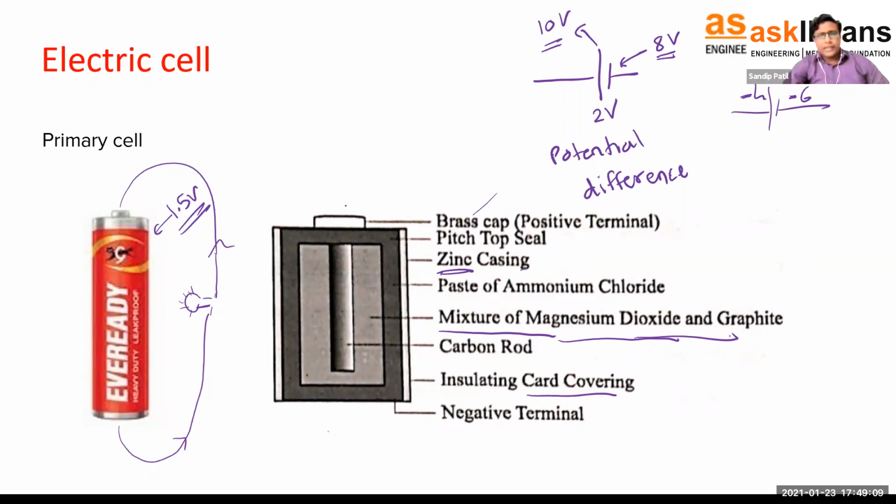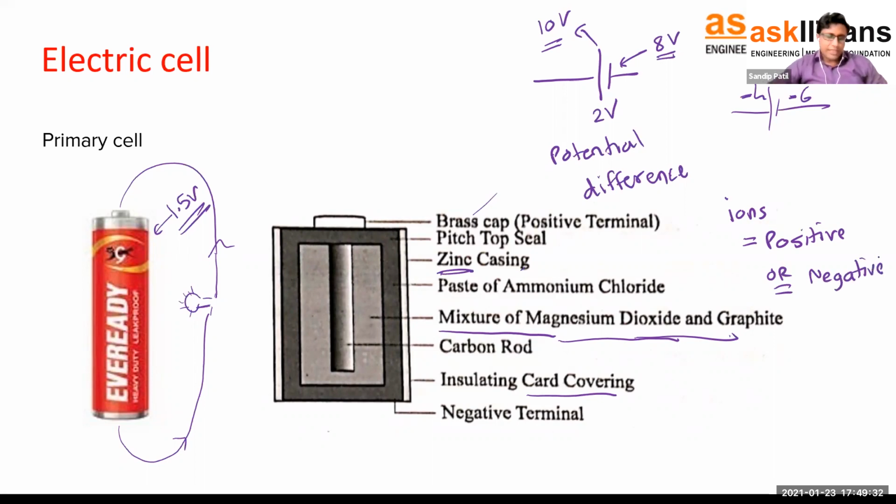Then now let's talk about the electrolyte. Electrolyte means there are some ions. Ions mean positive and negative ions. Ions could be positive or negative.